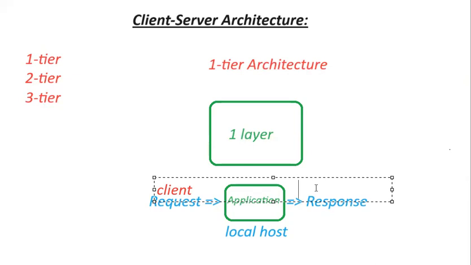So that laptop we can even call server. You can observe the single laptop acts as both client as well as server. Since a single device acts as both client as well as server, we call this single tier architecture, one tier architecture.